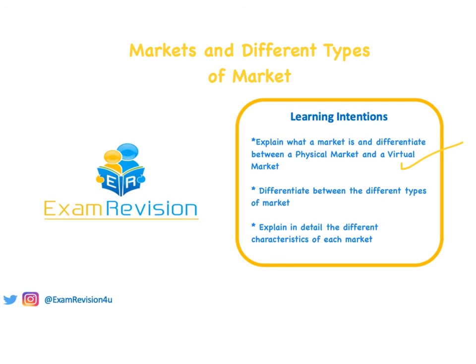We said we would differentiate between the different types of market, and we've done that. We have looked at the markets of perfect competition, imperfect competition, and a monopoly. And finally, we said we would explain in detail the different characteristics of each market, and we have done that for perfect competition, imperfect competition, and the monopoly.